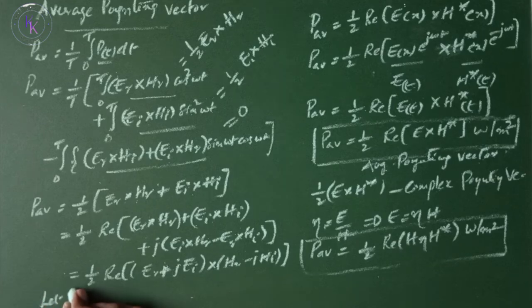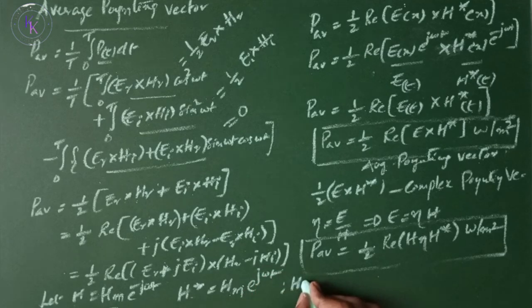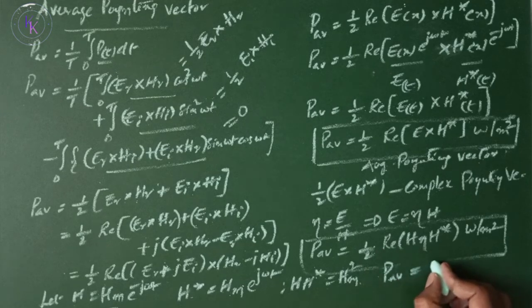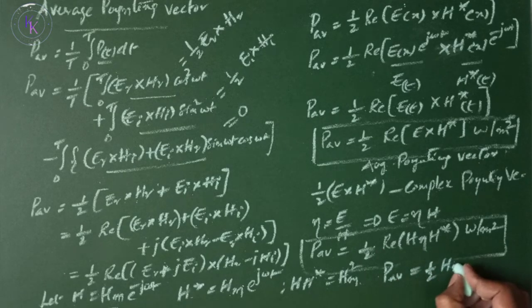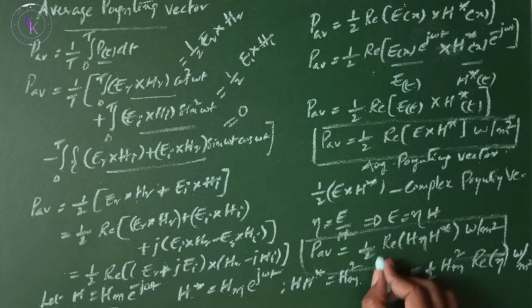Let H equal Hm e to the power of minus j omega t, where Hm is the peak value of H. Then H conjugate equals the peak value of H e to the power of j omega t. Then H times H conjugate equals Hm square. Putting this in the equation, P average equals half Hm square real part of eta, in watts per meter square.